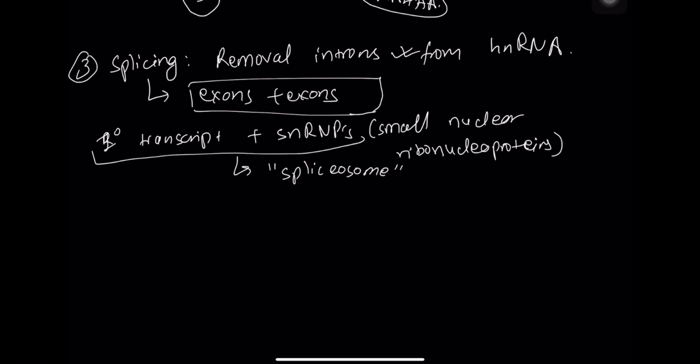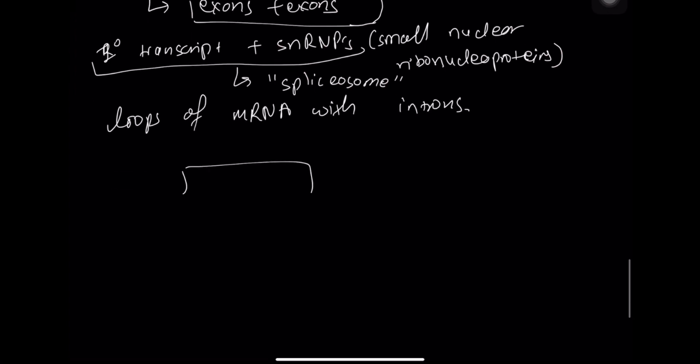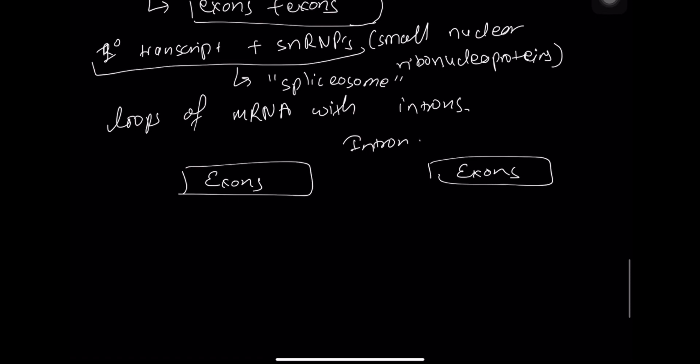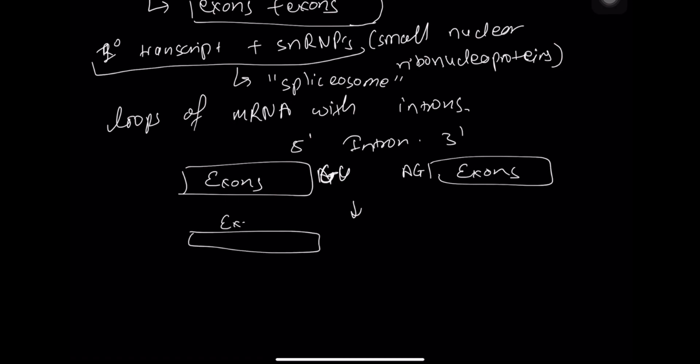What happens is that loops of mRNA are formed with the introns. So this is our exon and this is the next exon. In between there is an intron. In the 5' side there is a GU nucleotide and in the 3' side there is an AG nucleotide. This spliceosome will come and it will cause these introns to loop around.